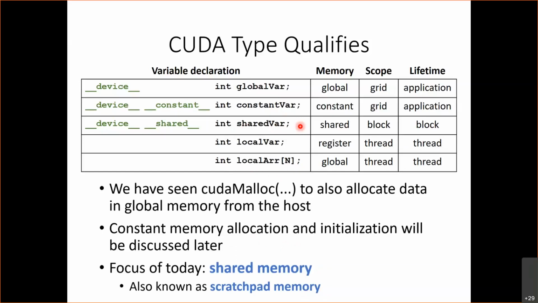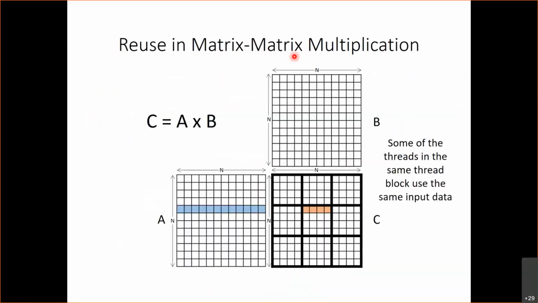Okay, so having introduced this, let's go back to shared matrix multiplication. Previously, when we wanted to parallelize our matrix multiplication, we divided our output matrix into tiles or blocks, and we assigned a thread block for each tile, and we assigned threads to each element in that tile.